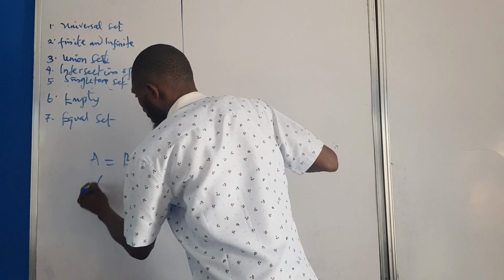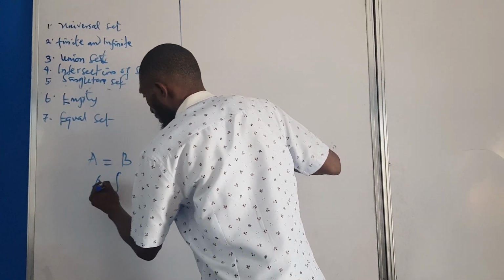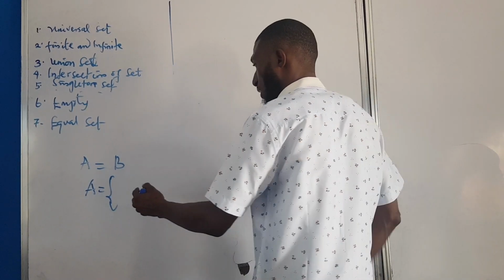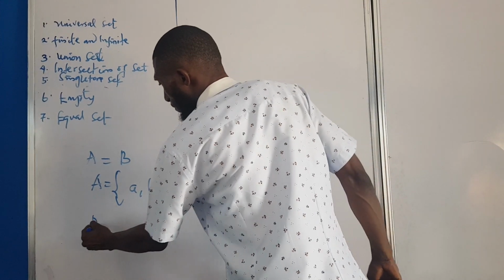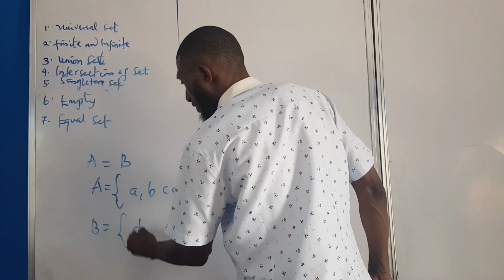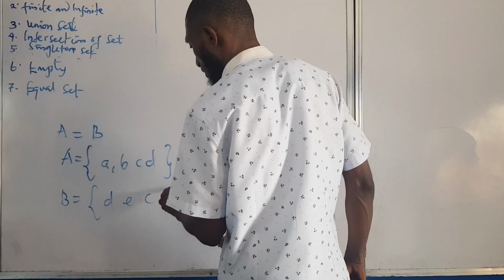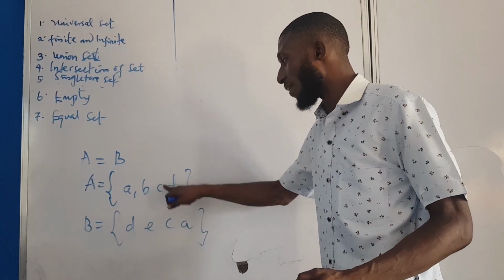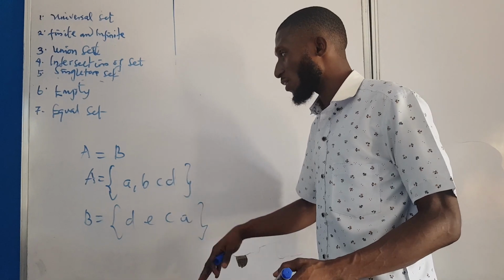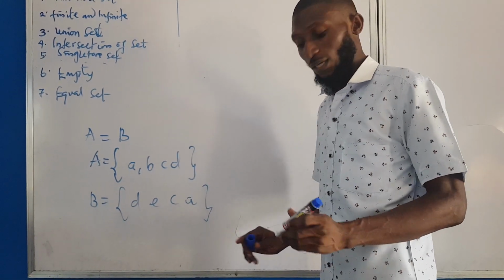Let's say set A is A, B, C, D, and B is D, E, C, A. It doesn't matter how it is arranged, but provided that they have the same elements, we call them equal sets.